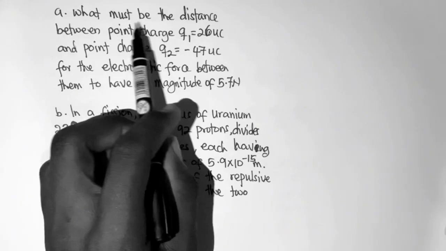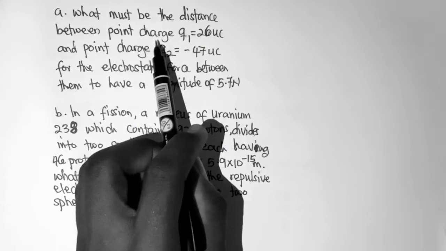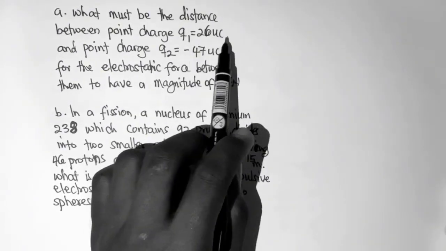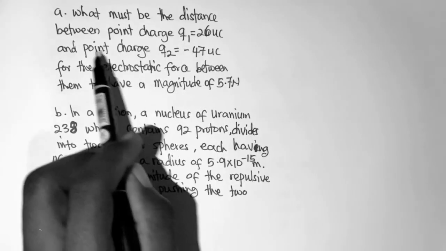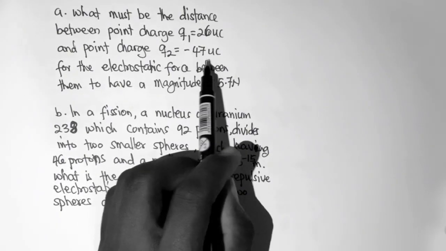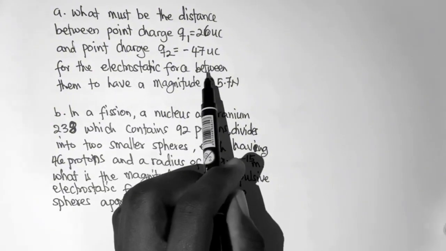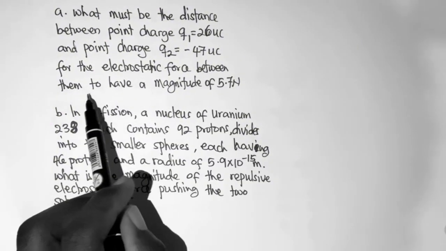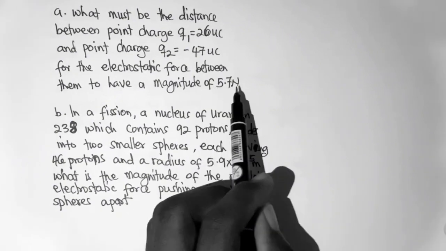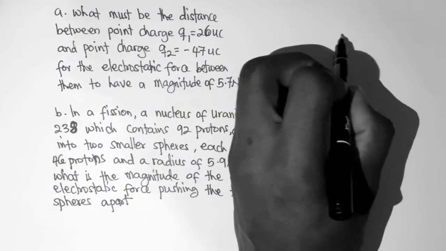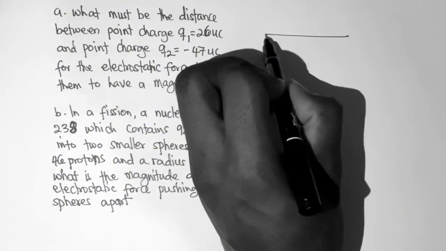What must be the distance between point charge Q1 equals 26 microcoulombs and point charge Q2 equals minus 47 microcoulombs for the electrostatic force between them to have a magnitude of 5.7 newtons? So we have two point charges.